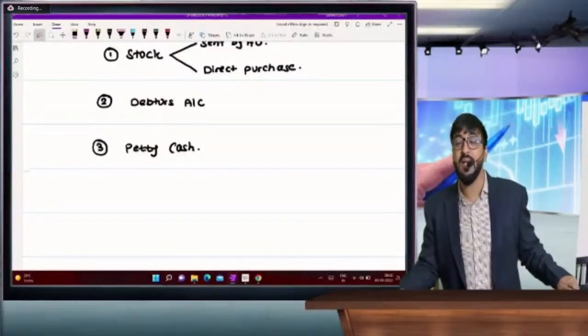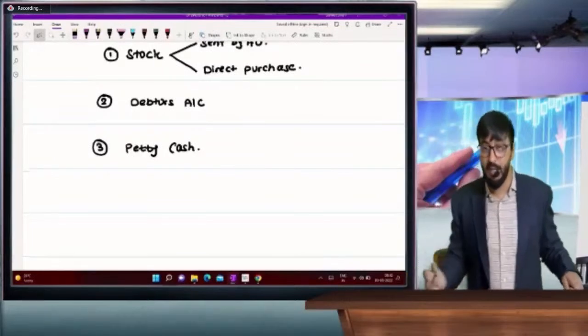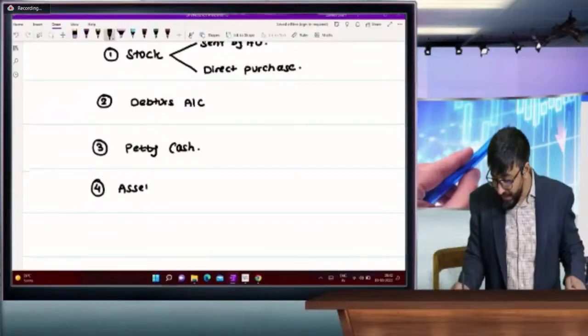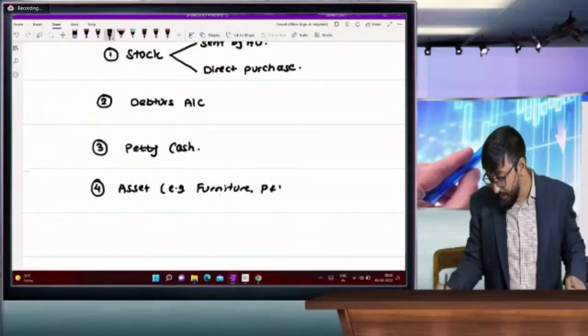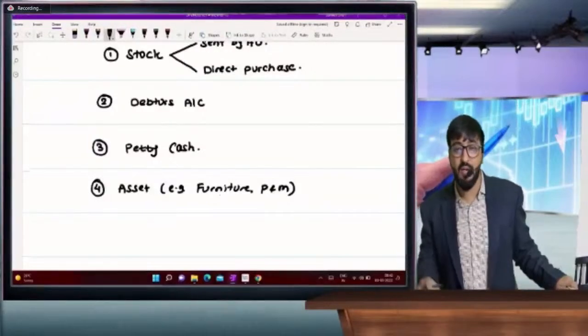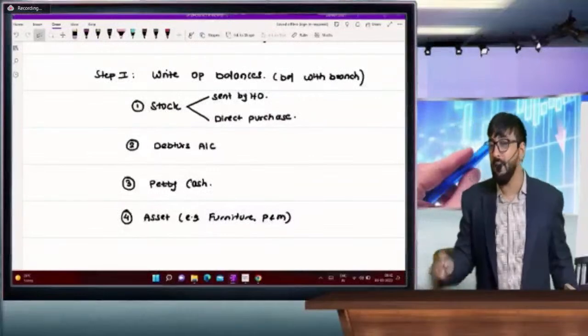If any petty cash is with branch, that petty cash balance might be an opening balance. And fourth one, any asset, for example furniture or plant and machinery. If it is with branch, then that will also be recorded. So step one, write down opening balances.